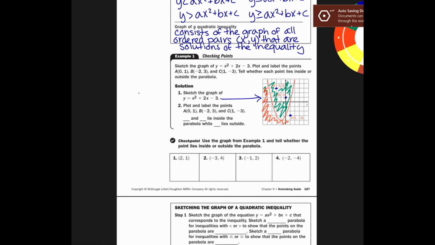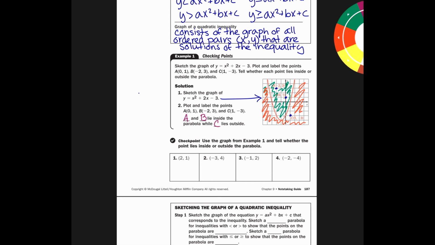This is the outside. So, I just figured out I can have a purple pen. Let's do that. So I can see that B and A, so A and B, are inside in that green area, while C is outside. So A and B are inside, while C is outside.